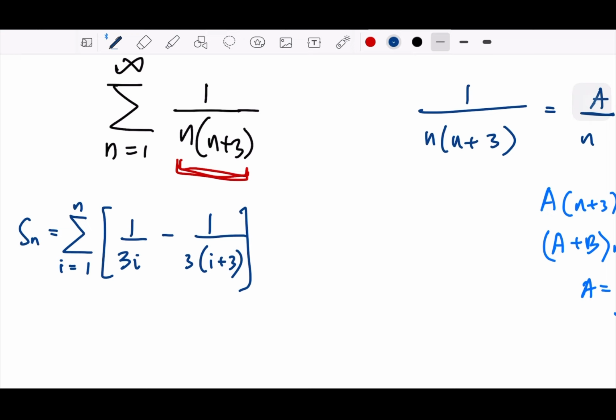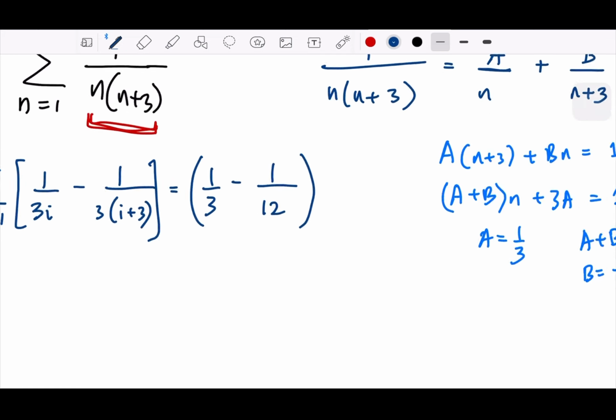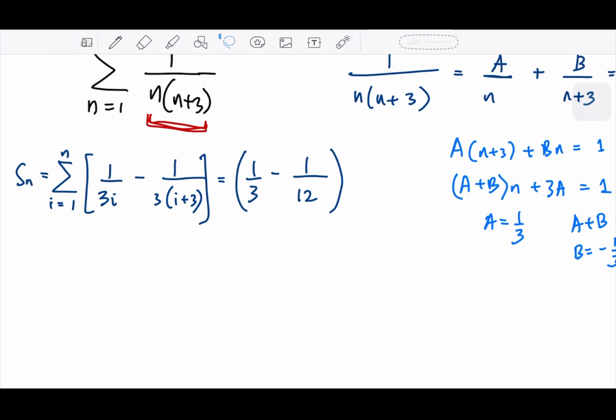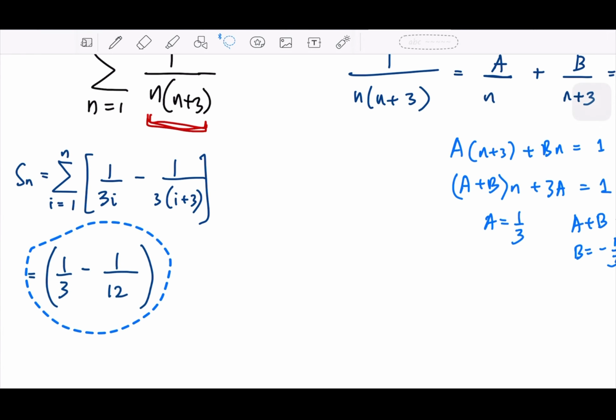And check from 1, 2, 3, 4, right? 1 over 3 minus 1 over 12. Let me write in the bottom here to make it more clear.